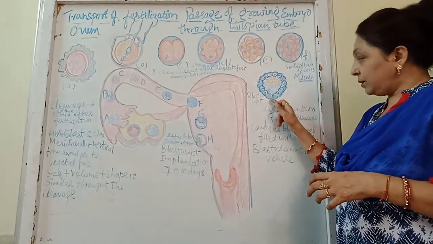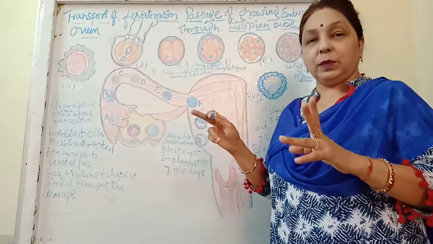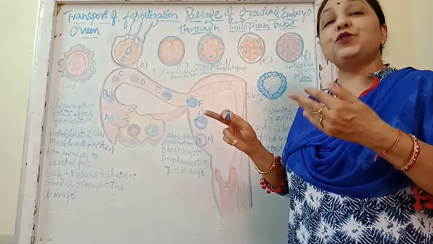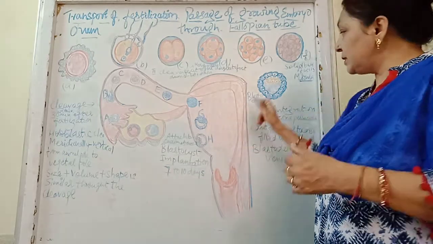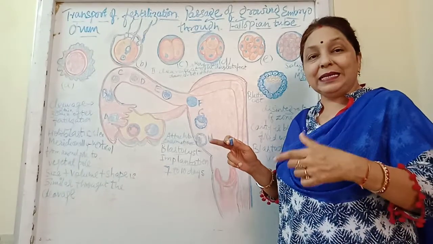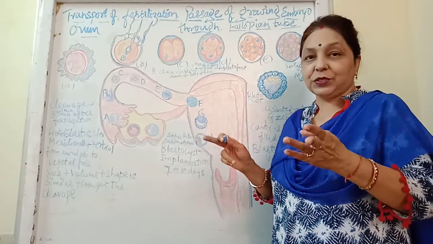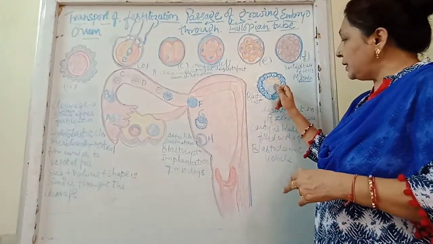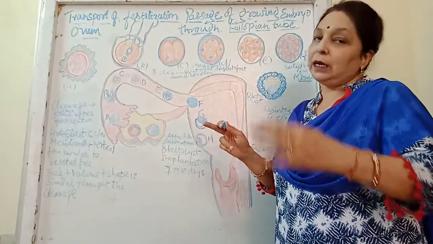The term trophoblast has been derived from the Greek word trophos, meaning to feed, to provide nutrition. So this trophoectoderm is made up of inactive cells, and these cells only provide nutrition and help in protection, whereas the inner mass cells later get differentiated into the embryo.